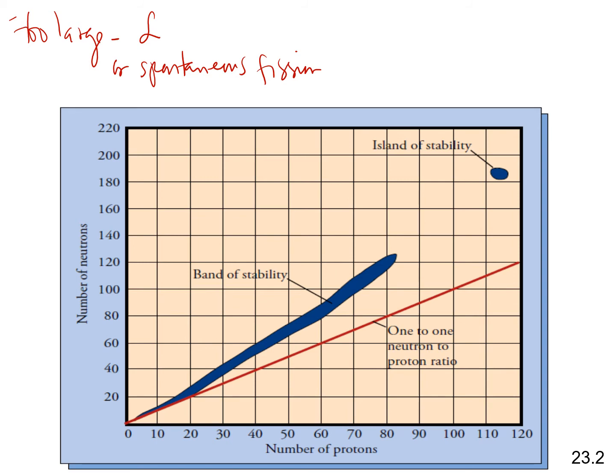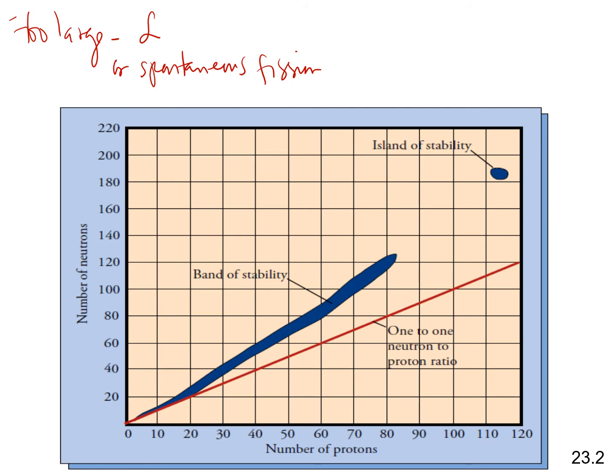Atoms tend to want a certain neutron to proton ratio. This red line corresponds to a 1-to-1 neutron to proton ratio, which is outside the band of stability. And around 110, 120, there are also some nuclides under here, which are considered to be in the island of stability.